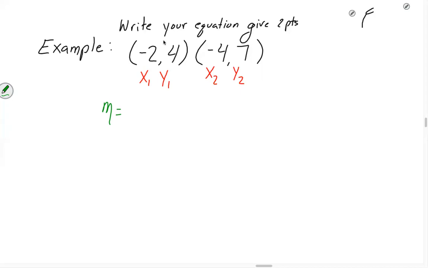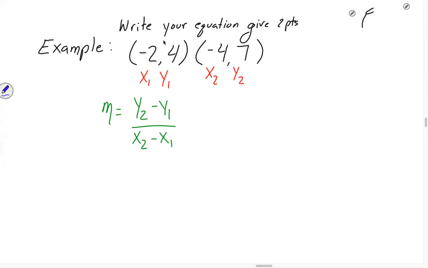The second one has a y, an m, an x, and a b. I'm going to use the one with the y's and x's. So it's y2 minus y1 over x2 minus x1.